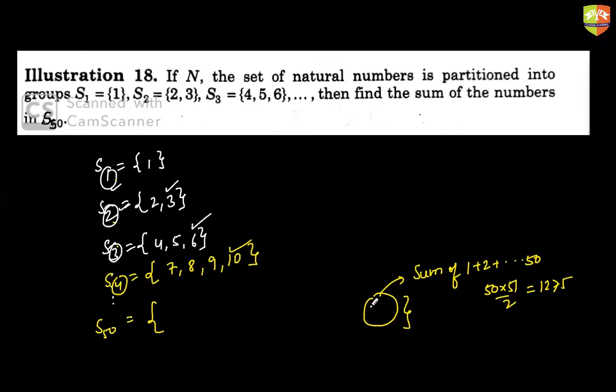No, Tripan, I think you made a silly mistake. So the last term here will be 1275, correct? If you go 50 terms back, this term here would be 1226. Yes or no? Right?